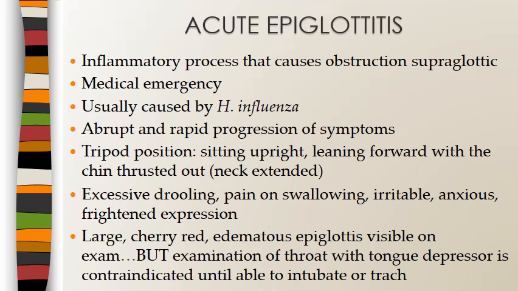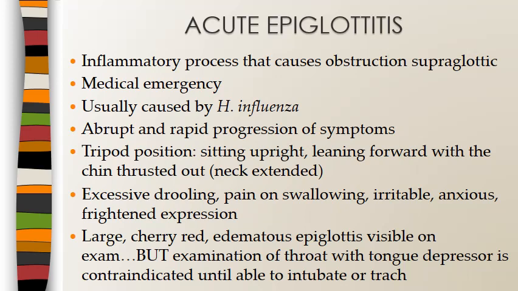So the child is sitting upright. He or she is leaning forward with the chin thrusted out and the neck extended. They're really trying to open up their airway to get air in. And the other thing you're going to see is excessive drooling, pain on swallowing, irritability, or an anxious look on the child's face, or a frightened expression because they are really having trouble getting air into their lungs.